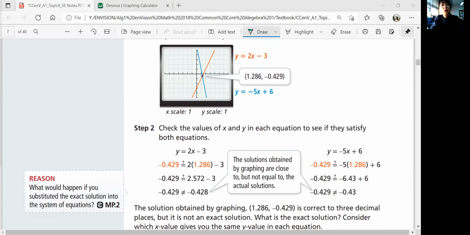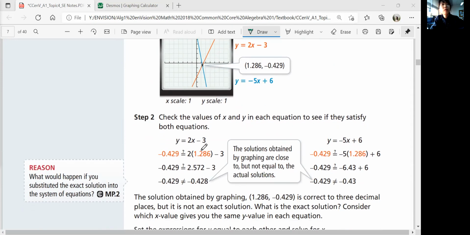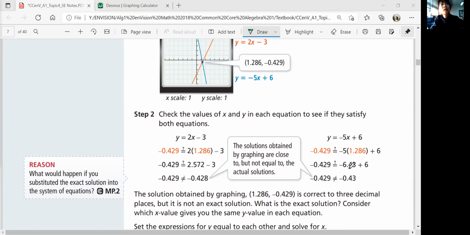Okay. So when you plug in x and y, they're both going to be a little bit different. Negative 0.429 is not equal to negative 0.428. Negative 0.429 is not equal to negative 0.43.